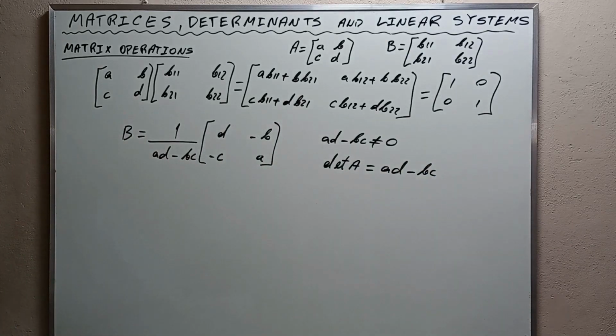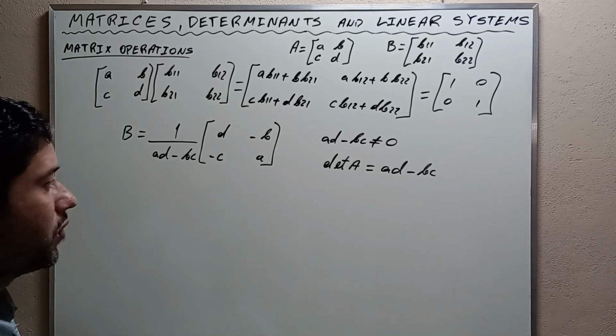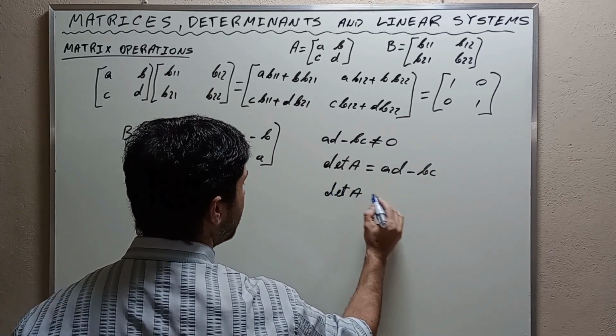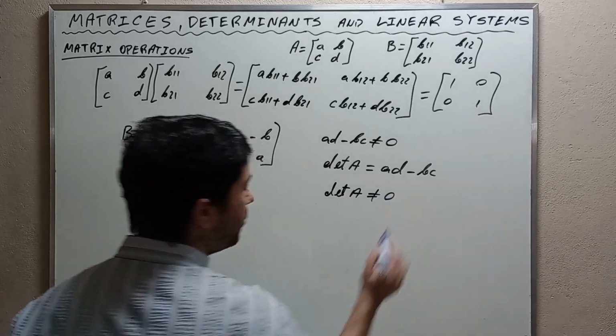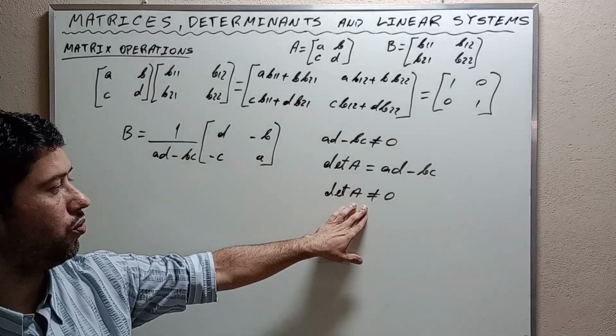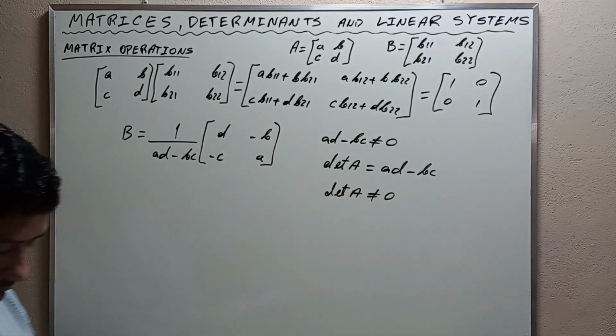And the result that we were looking for is this, the condition for invertibility. The determinant of a matrix has to be non-zero, otherwise the matrix is not invertible. Only matrices whose determinant are non-zero have inverse matrices, okay?